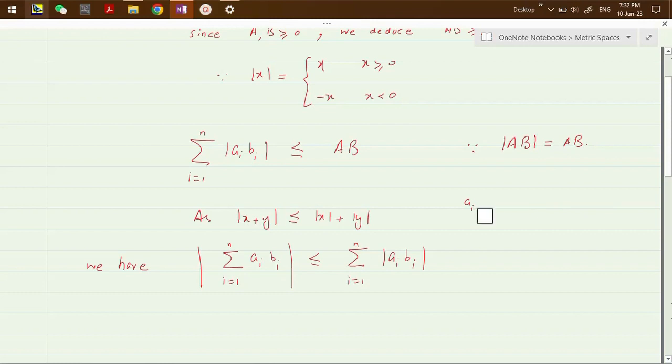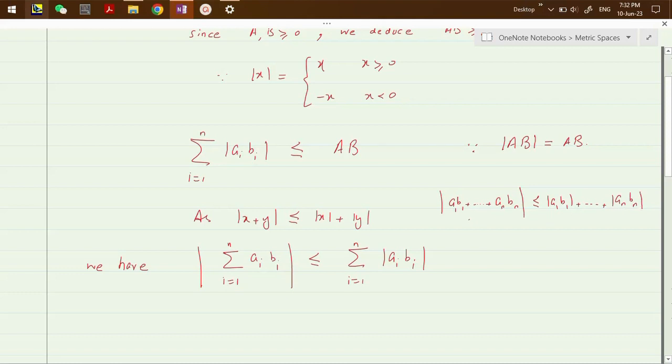if we have a1 b1 up to so on an bn, its mod is less than or equal to mod of a1 b1 up to so on mod of an bn.